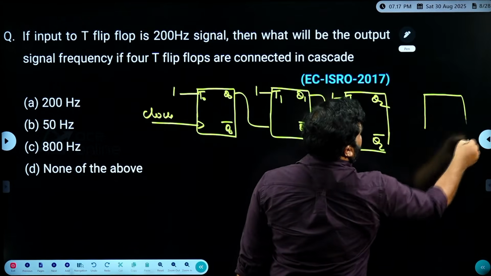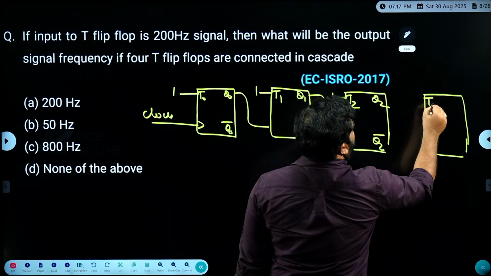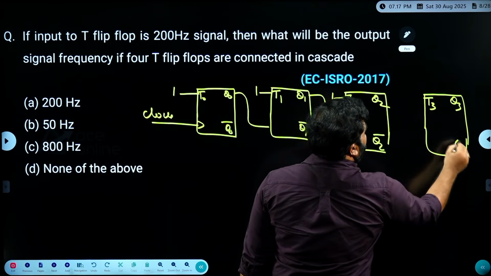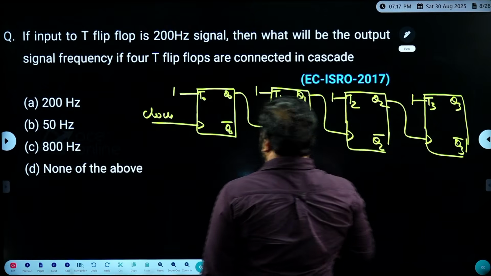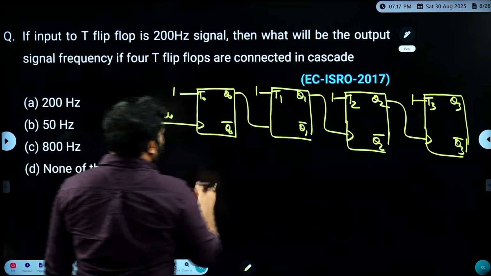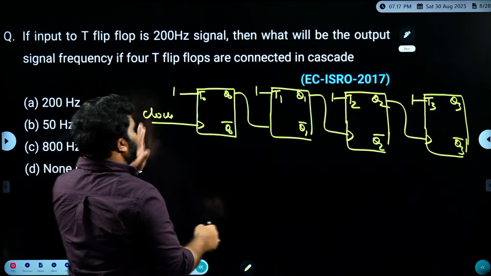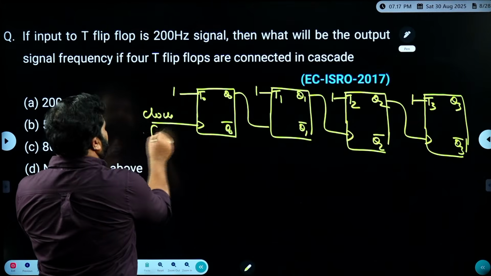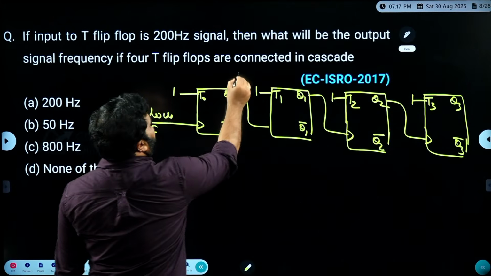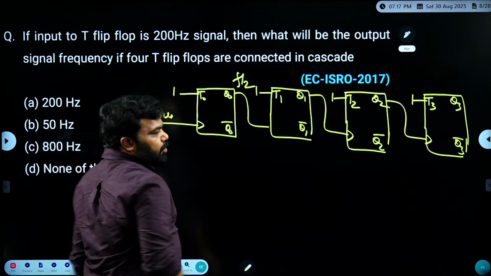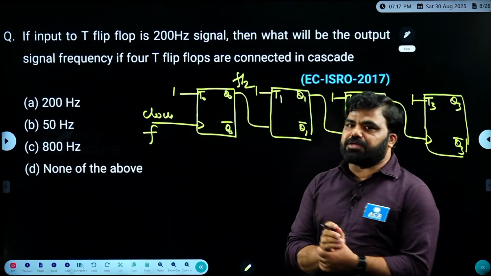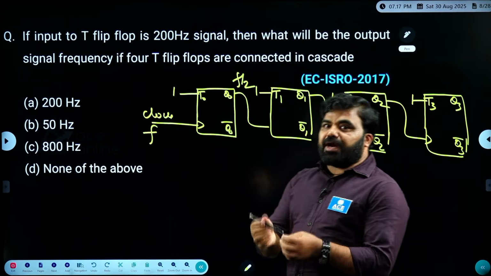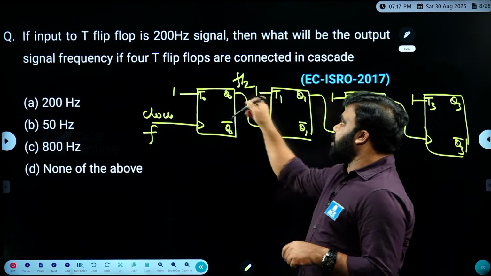Then one more stage, what do you get here? T3, Q3, Q3 bar, and T3 is connected to 1, Q2 is the clock. So, if you observe clearly, as T0 is connected to 1, if I say the frequency is F, here it is going to be F by 2. One flip-flop is toggling at every clock edge occurrence, which means the clock period is doubled and frequency is halved.